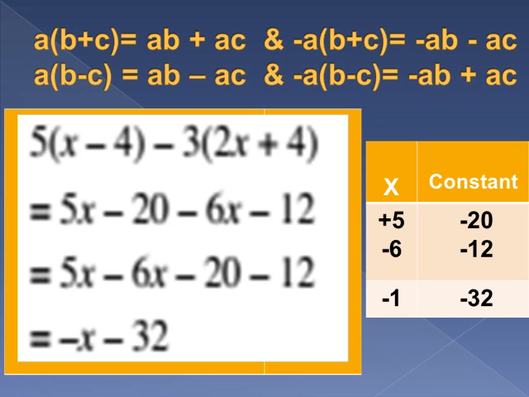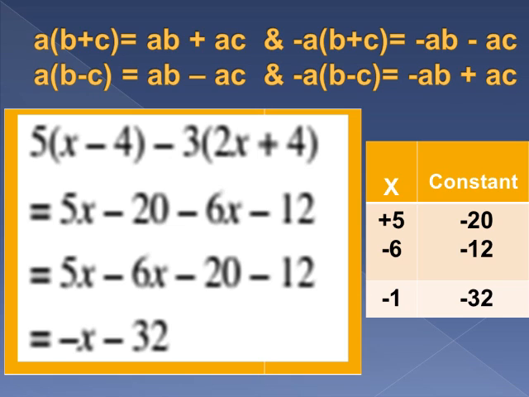Now here in the first step, there is plus with 5, so when we multiply 5 with x minus 4, it means the sign will not change. Similarly here in the next step there is negative with 3, so when we apply 3, all signs inside the brackets will be changed.